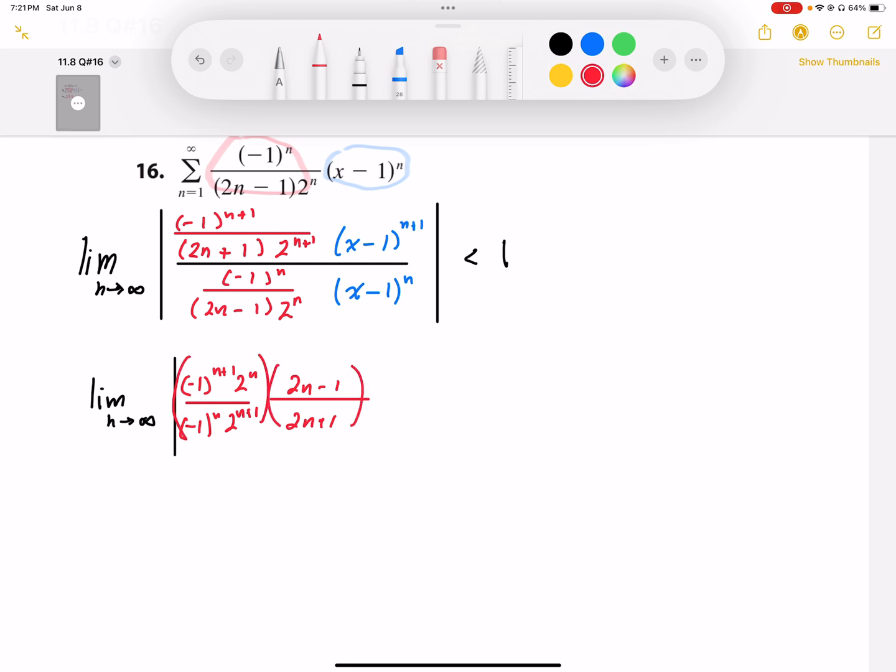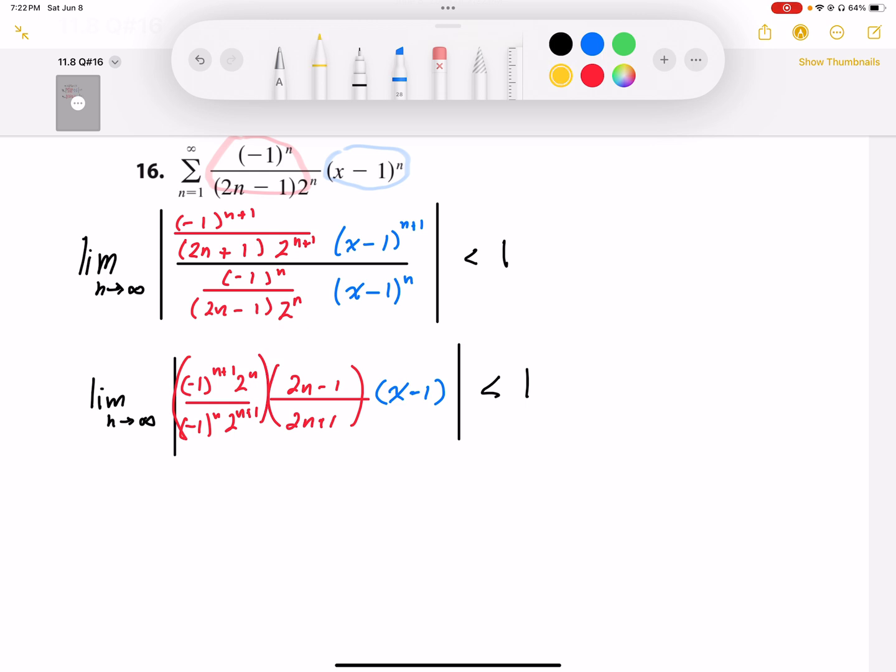When I divide out the power series, n plus 1 divided by n is going to just give me x minus 1 to the power 1. And I want that all to be less than 1 to work out the interval of convergence using this ratio test. Some things will cancel out.